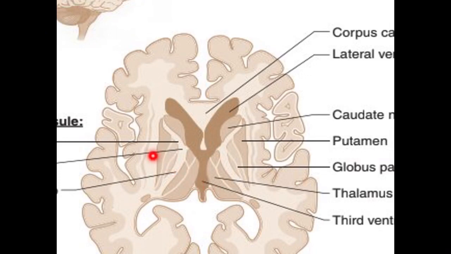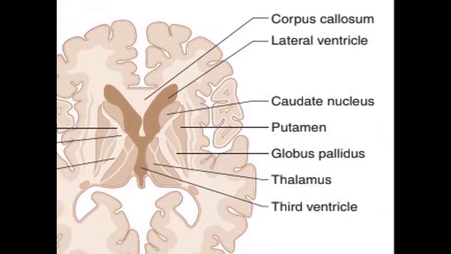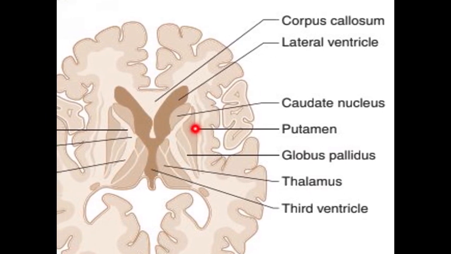Why it is not visible, I will tell you, but first let us see what is visible. One is the caudate nucleus. The second thing we can see lateral to the internal capsule is the putamen and globus pallidus. So, 3 of the basal nuclei are visible: caudate nucleus, putamen and globus pallidus. We are not able to visualize the subthalamic nucleus and substantia nigra. Why?